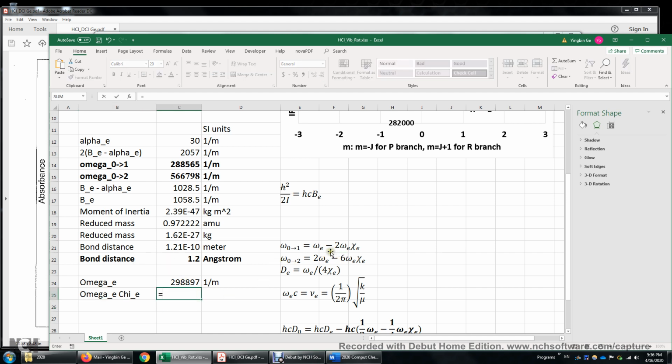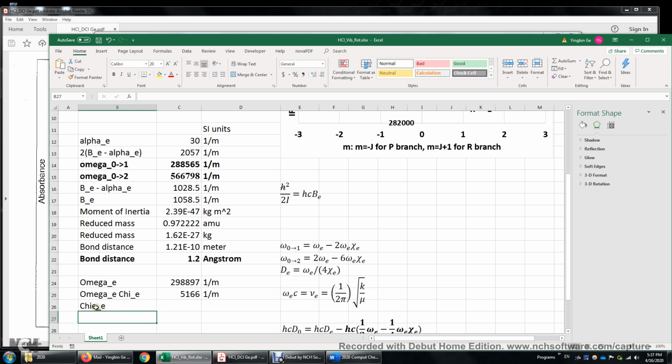This time, what we're going to do is we're going to use omega E minus this omega from 0 to 1 and then divide it by 2. All right, so this is the harmonic wave number minus this real vibrational wave number divided by 2. What's the unit? It's going to be 1 over meter. So this is the product of omega E and chi E.